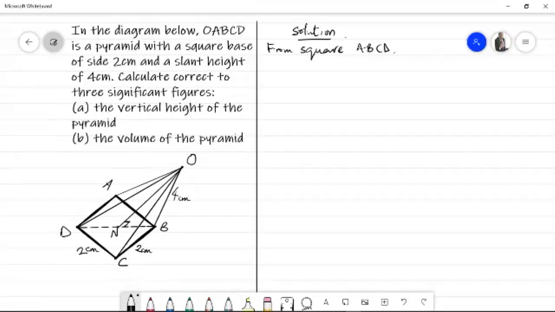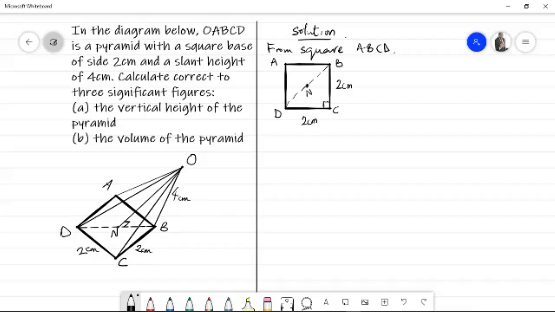This is 2 centimeters and this is 2 centimeters. Of course, we have a line which is the diagonal of the square. We have the center of the square right here, which is called N. We know that every corner of a square is a right angle, which means that I can easily focus on the right angle DBC.